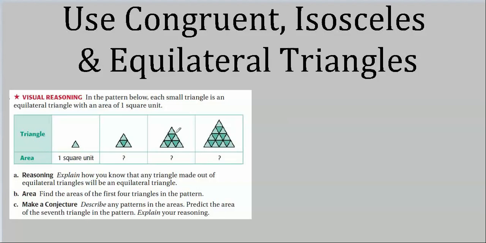The sides are all congruent, and we know from our side, side, side postulate that means the angles are all congruent, and we have an equilateral triangle.